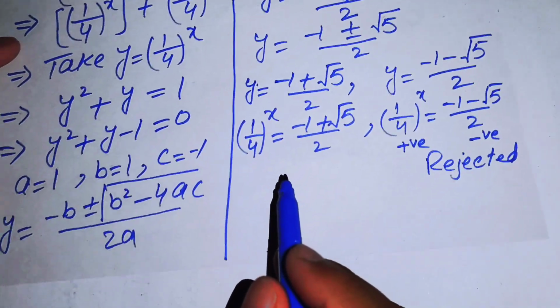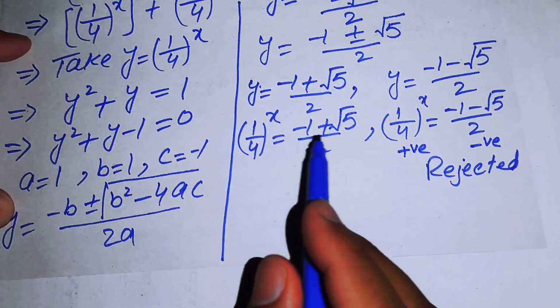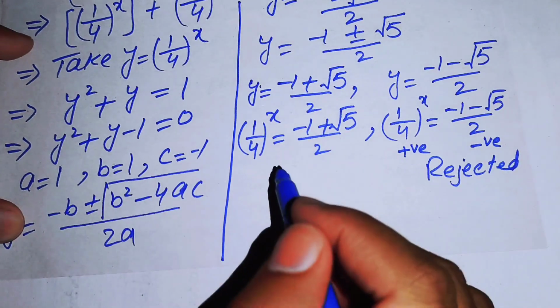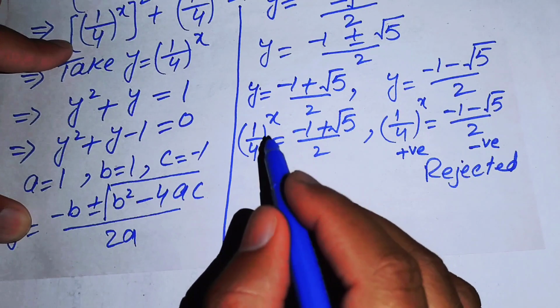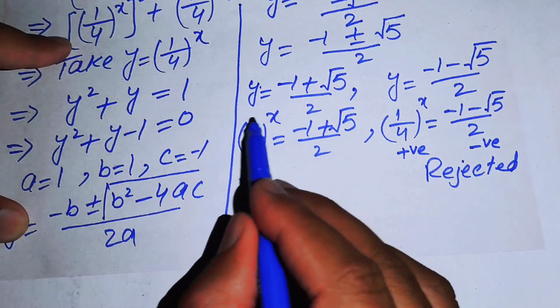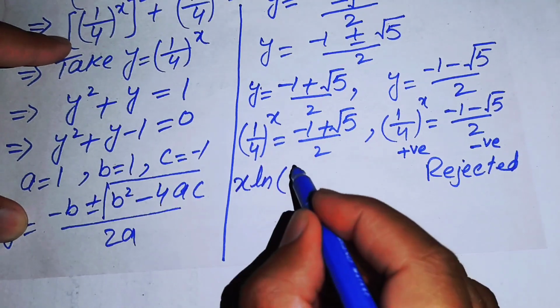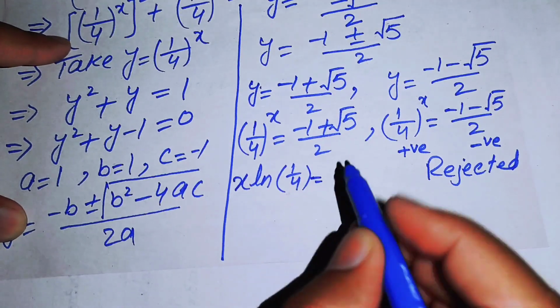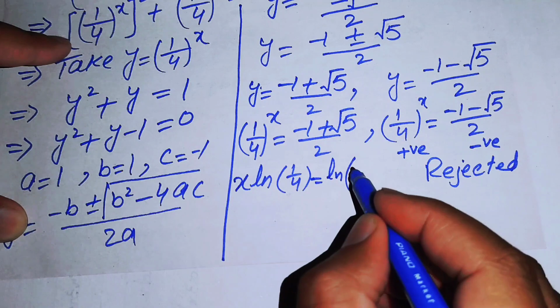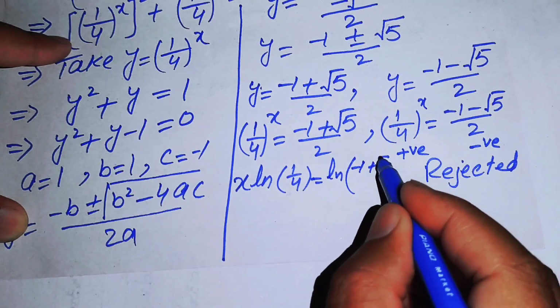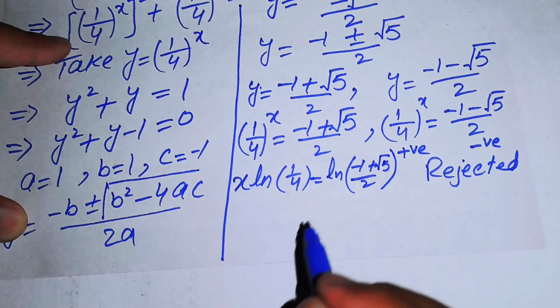To proceed with this case, we take the natural log on both sides, so the exponent comes in front of the log, and it becomes x times log of 1 over 4 is equal to log of (minus 1 plus square root of 5) over 2.